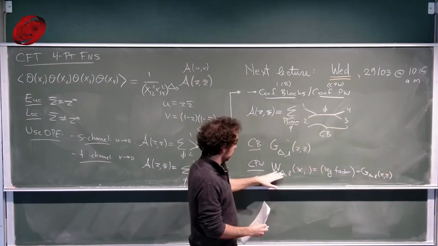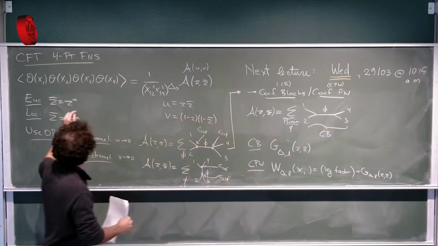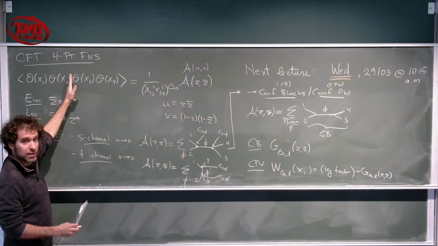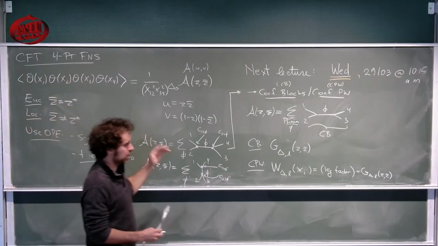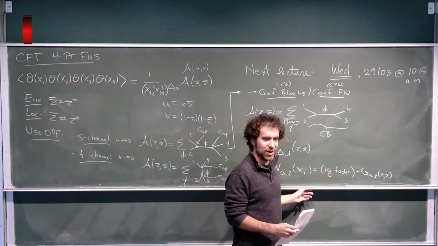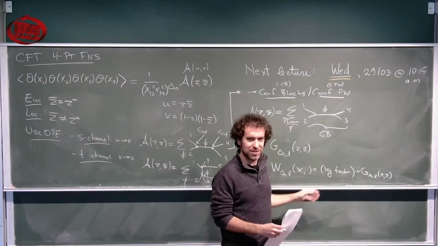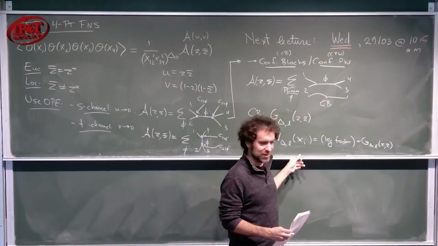So this conformal partial wave you can think of as inserting a projector onto a conformal multiplet, but it's just equal to a block times this prefactor. And by now I've definitely spent too much time explaining this small distinction, which is really not so relevant.